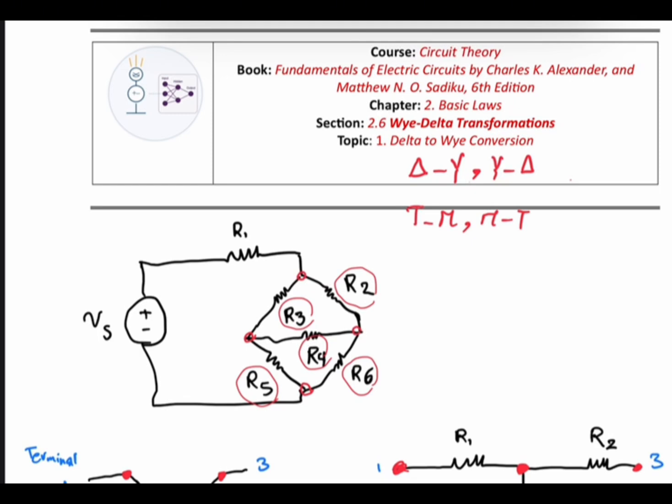Sometimes when analyzing a circuit, you come across a group of three resistors that are neither in series nor in parallel. Look at this circuit. If you look at R3, R2, and R4, they are neither in series nor in parallel, same as R4, R5, and R6.